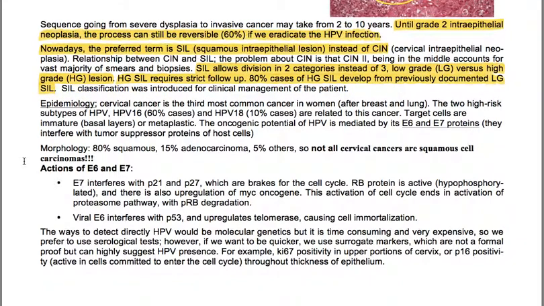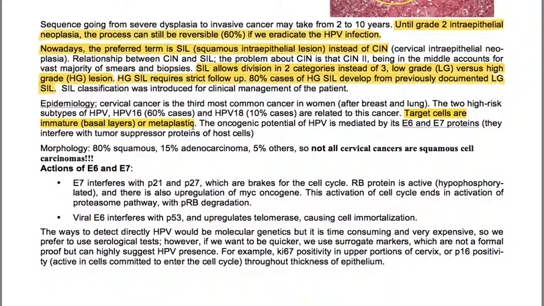Epidemiology. Cervical cancer is the third most common cancer in women after breast and lung. The two high-risk subtypes of HPV, HPV-16 in 60% of cases and HPV-18 in 10% of cases, are related to this cancer. Target cells are immature, basal layer, or metaplastic.